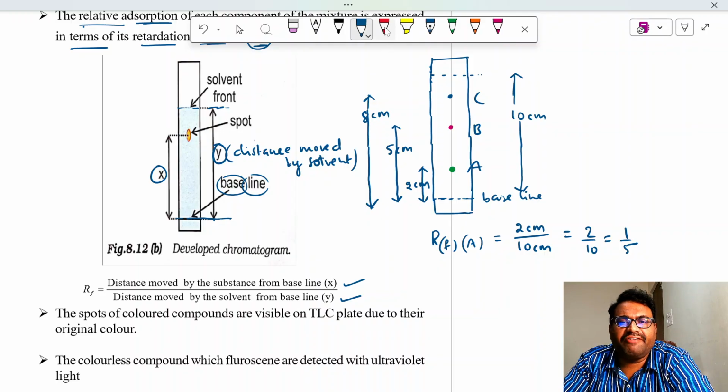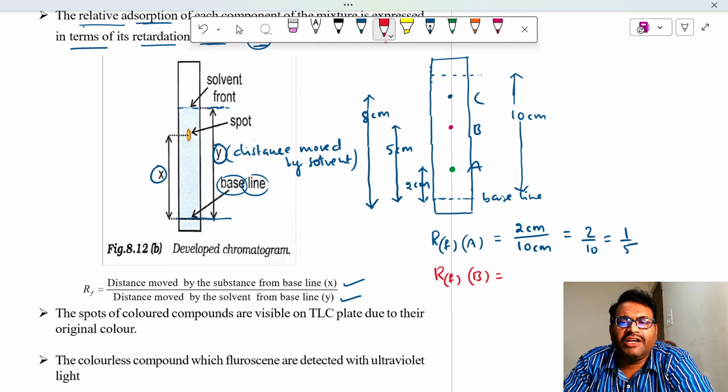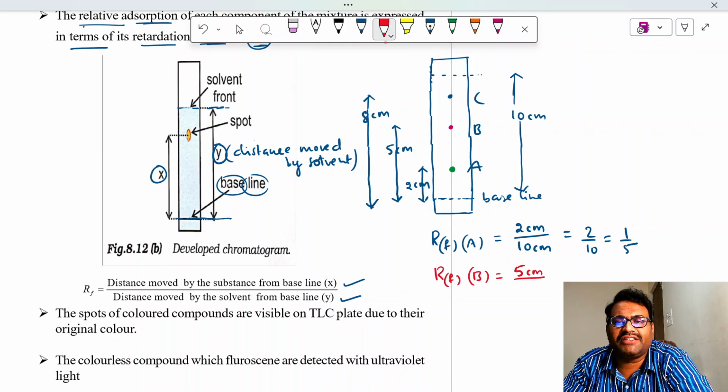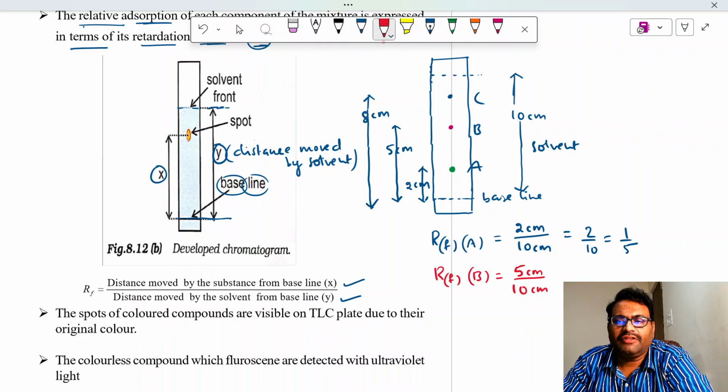What will be the RF of B, the retardation factor of B? What is the distance moved by component B? 5 centimeters, divided by the distance moved by the solvent from the baseline, 10 centimeters. Then what do you get? 1 by 2.